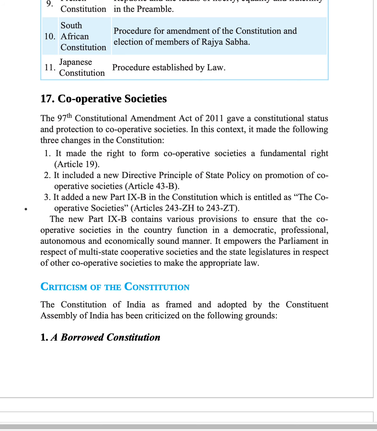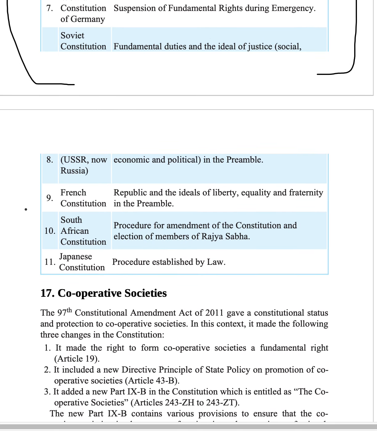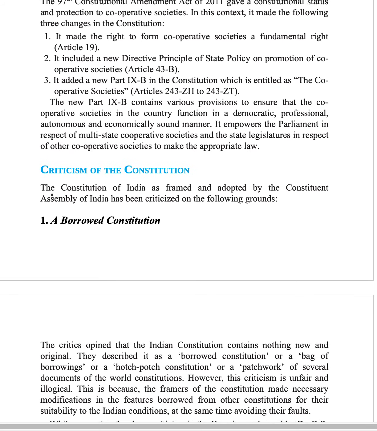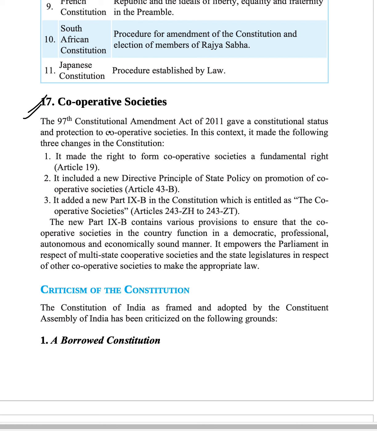Then after that we have cooperative societies. The cooperative society provision was inserted by the 97th Constitutional Amendment Act of 2011, and it gave constitutional status and protection to the cooperative societies, same like the 73rd and 74th, which gave constitutional status to your local governments.